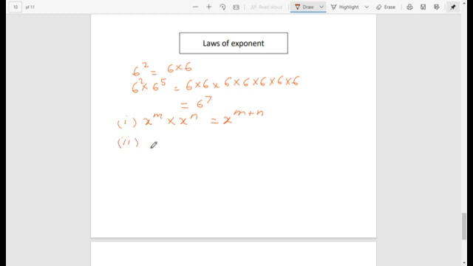So in case of x to the power m divided by x to the power n, this can be written as x to the power m minus n. So this is another identity. In this way, you can derive many more identities.